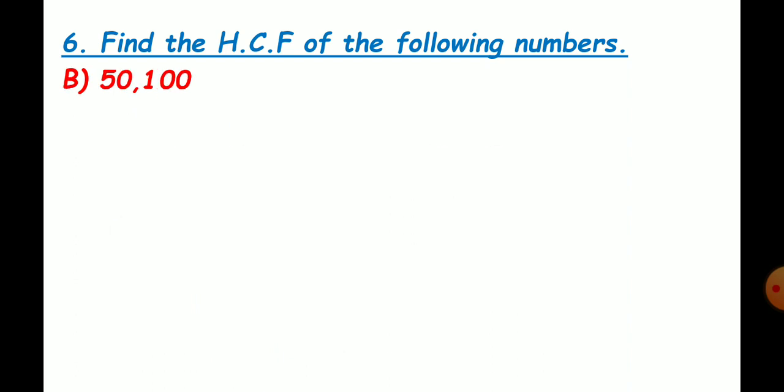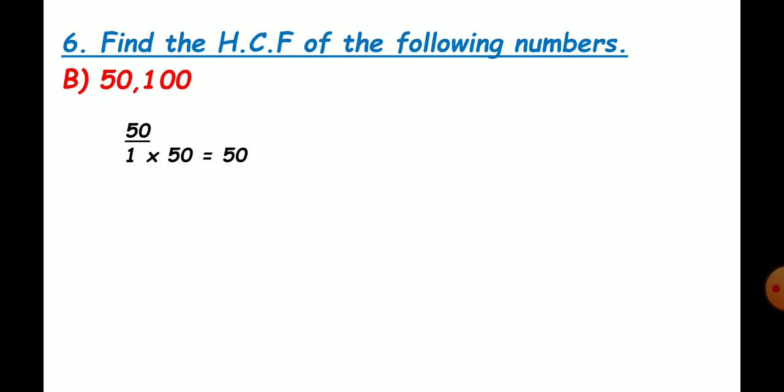50 and 100, easy sum, no? First start with 50. 1 50s are 50. 50 is an even number, it ends in 0, so it comes in 2 table. In 2 table how many times does it come? You have to divide.